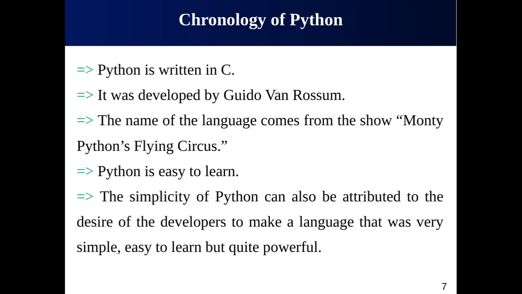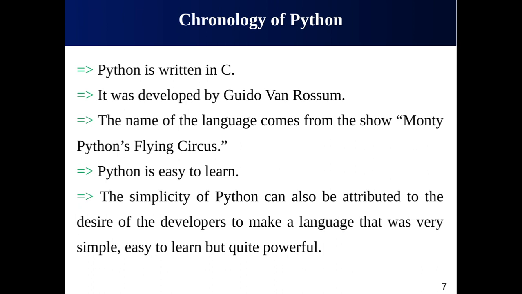And here is a brief historical background of the language. Actually, the language itself is written in C language, and it was developed by Guido van Rossum, and it has nothing to do with the snake. It actually comes from the show Monty Python's Flying Circus, which was one of the favorite shows of the creator, the developer.